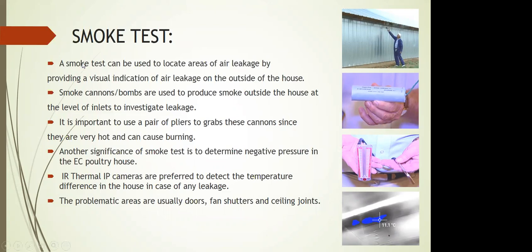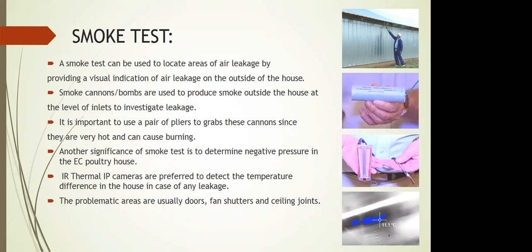Basically, the negative pressure of our house depends on the width of the house. For example, if it is 20 meters, then the pressure would be around 25 to 30 pascals, and so on.